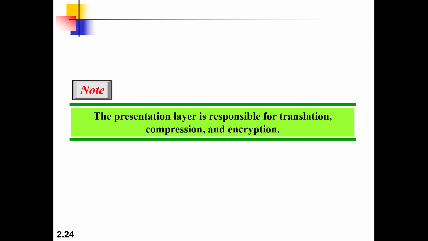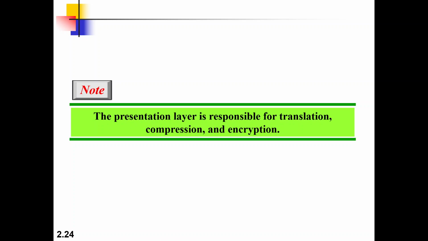Specific responsibilities of the presentation layer include the following: translation. The processes or running programs in two systems are usually exchanging information in the form of character strings, numbers, and so on. The information must be changed to bit streams before being transmitted because different computers use different encoding systems.